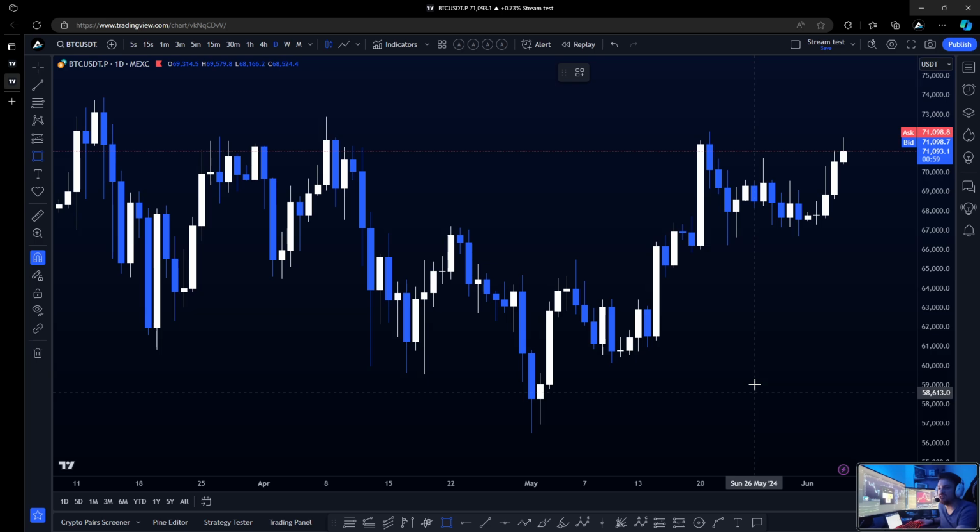So in theory, if it comes back down, and for example, if we create a daily fair value gap, the possibility of coming for this is super, super high.